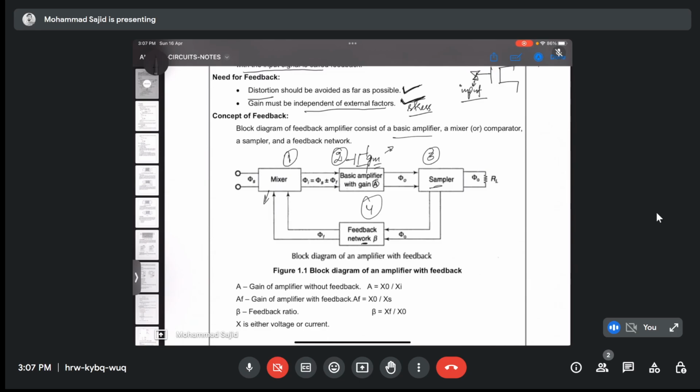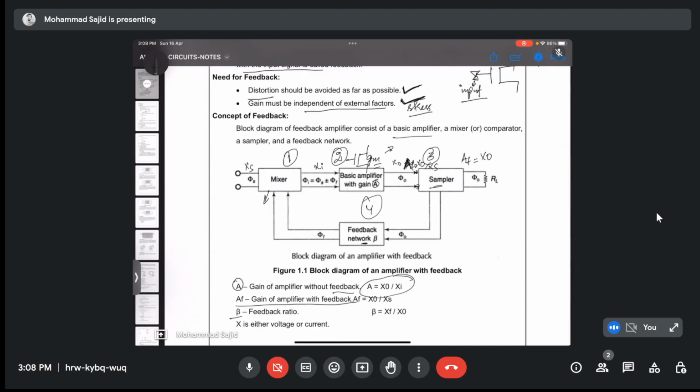A here represents the gain of the amplifier without feedback, right? That is completely understood. That will be xo by xi, that is the signal here divided by the signal here. Af is the gain of the amplifier with feedback, that means you have this feedback as well. Then if you check the gain, that will be the final xo by xs, since the voltage will be the same across these terminals.